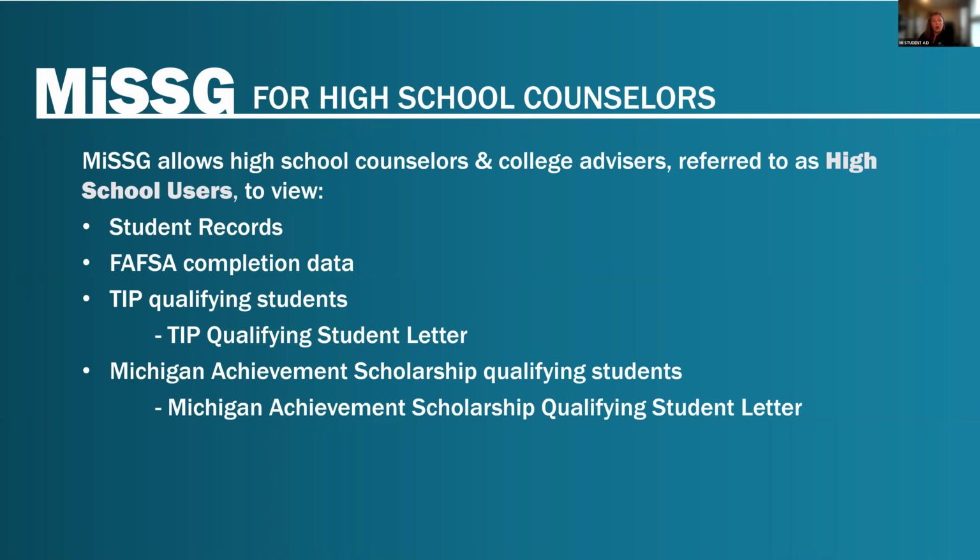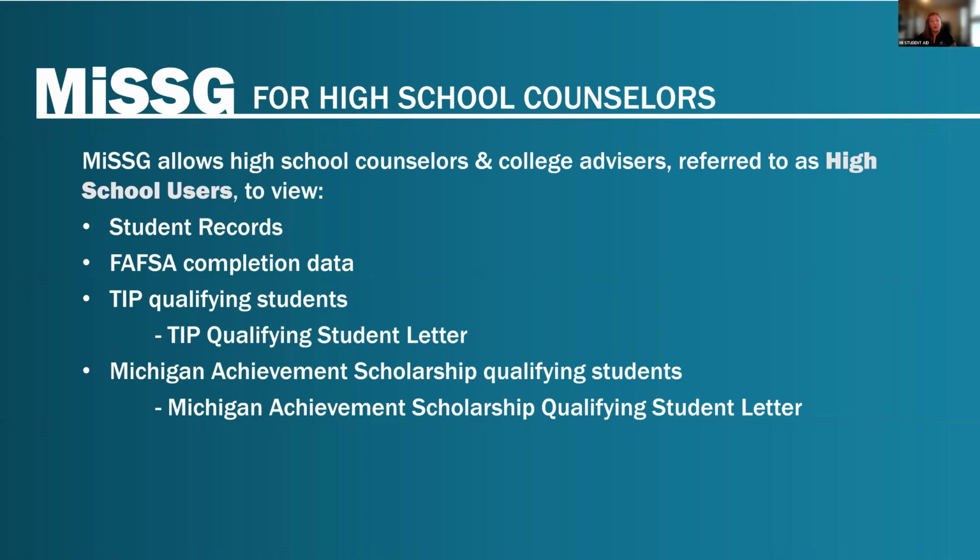And then you also have the ability to view your Michigan Achievement Scholarship qualifying students. So those students who submitted their FAFSA and had an SAI of 30,000 or less, those are the students that will display in the MiSSG High School Counselor portal.